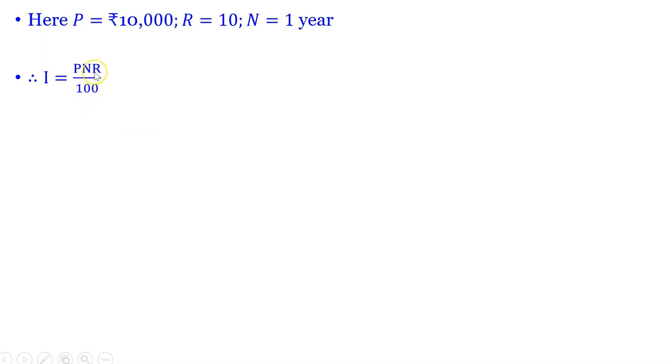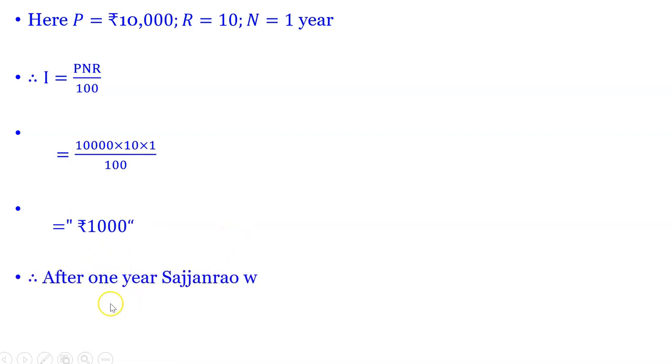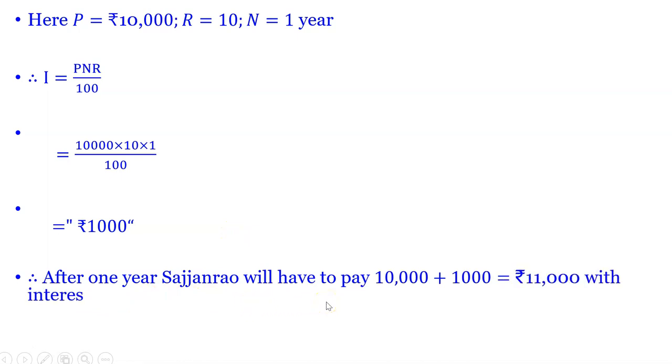Therefore, I is equal to the formula PNR upon 100. Substitute the values: 10,000 into 10 into 1 upon 100. If you calculate it, you will get 1,000 rupees. That interest is 1,000. After 1 year, Sajjan Rao will have to pay 10,000 plus 1,000, that is 11,000, that is with interest.